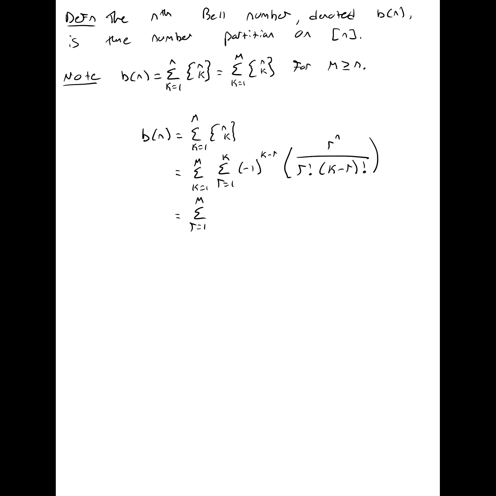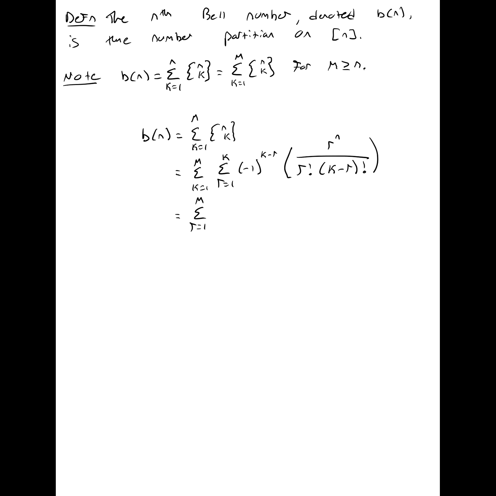Since r ranges from 1 to k, but k ranges from 1 to m, it's definitely possible, and it's going to happen, that there will be different values of r ranging from 1 to m. So let's group those together.